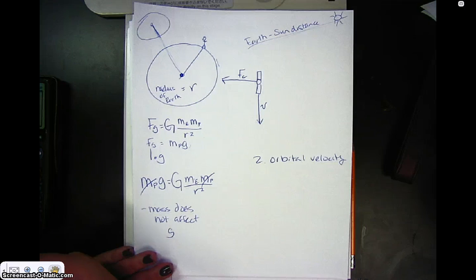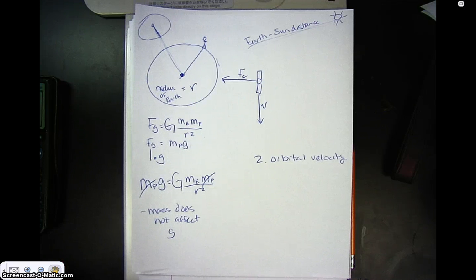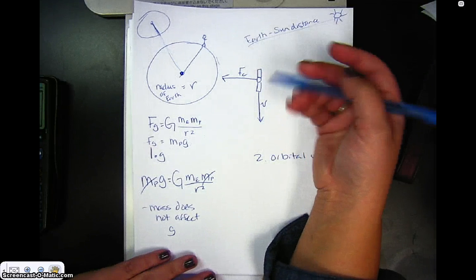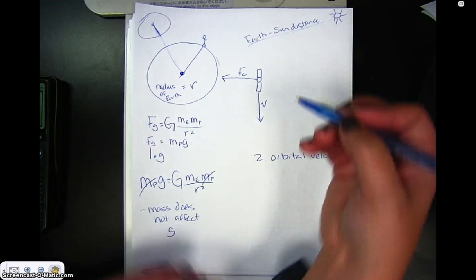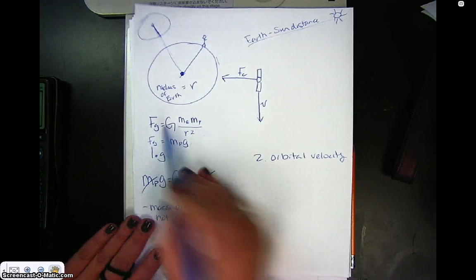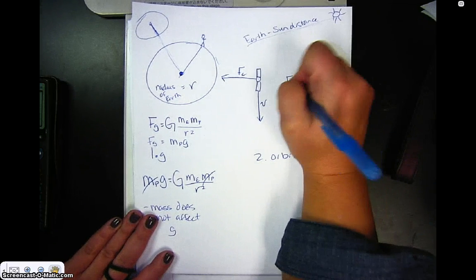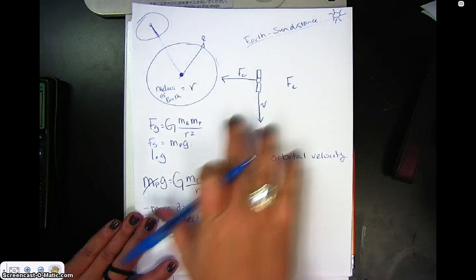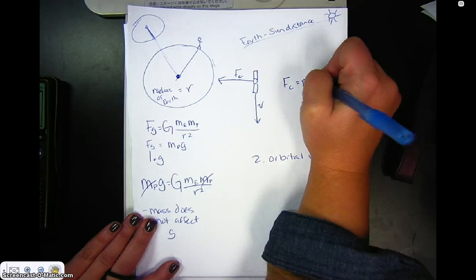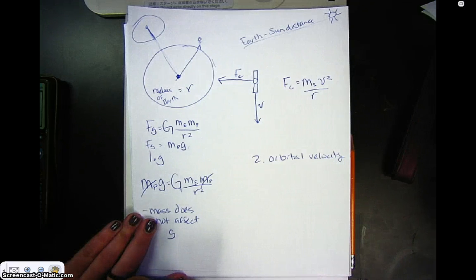In all cases, we've been looking at what's causing something to turn. The centripetal force is like the F net of what's causing this thing to turn, and in this case, the F net is actually gravity. So we're going to combine two equations here. The centripetal force acting on the satellite would be the mass of the satellite, v squared over r, its radius of orbit.